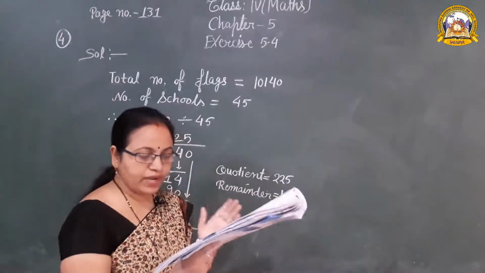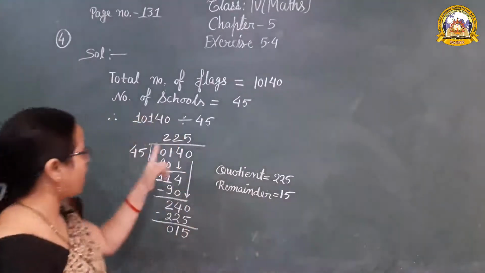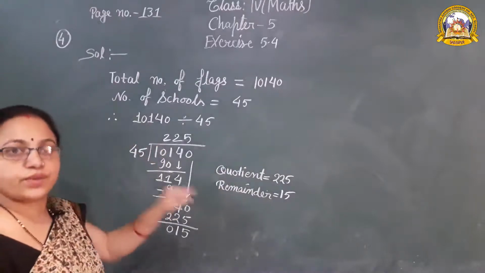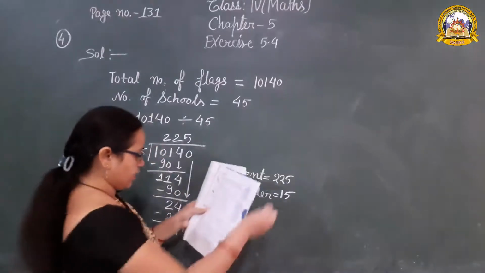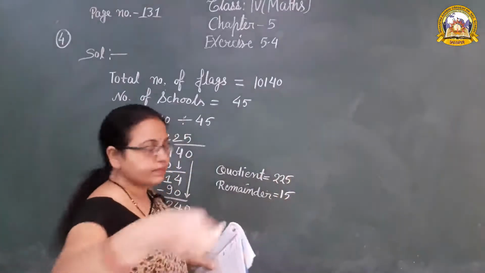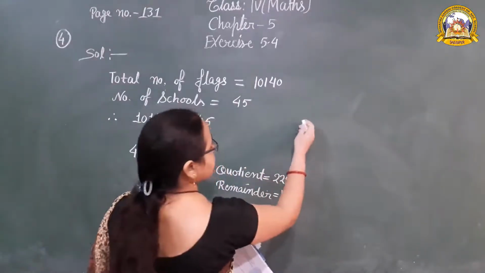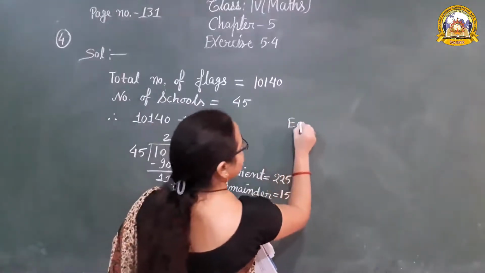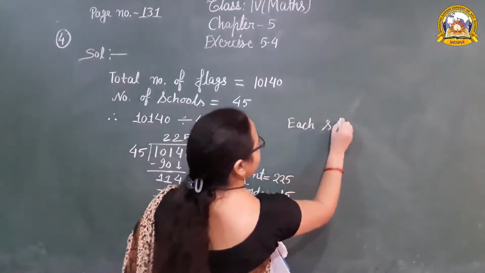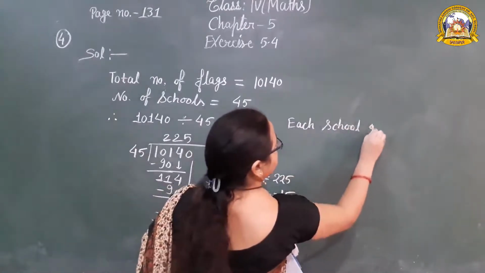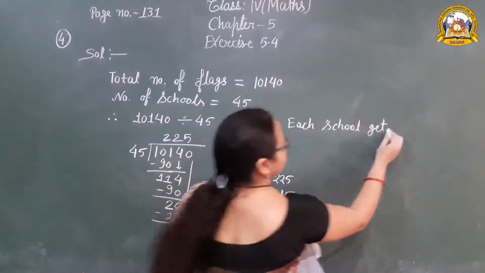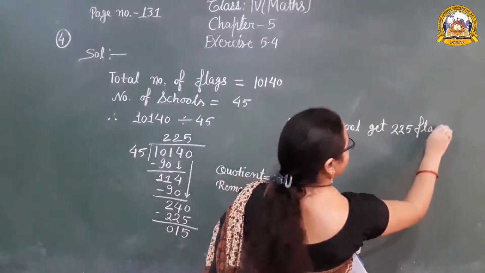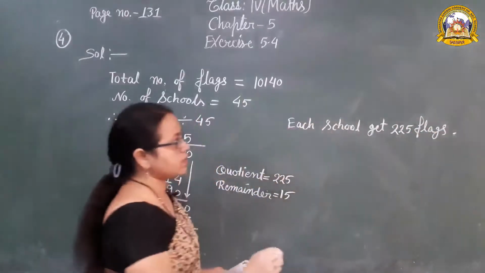First, how many flags will each school get? So how many flags will each school get? 225. Okay, so each school gets 225 flags. That's the first answer.